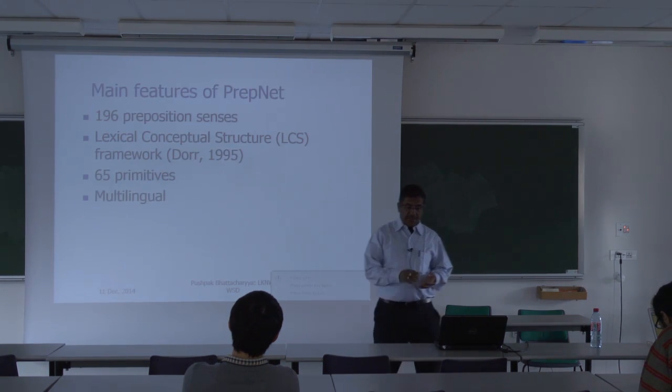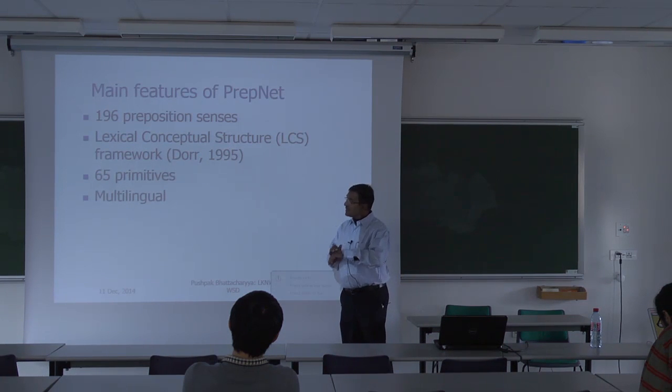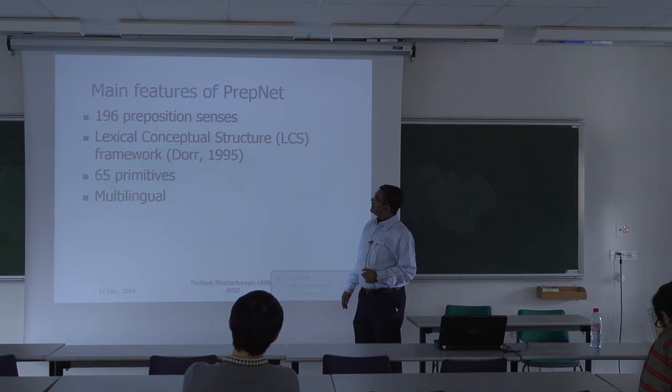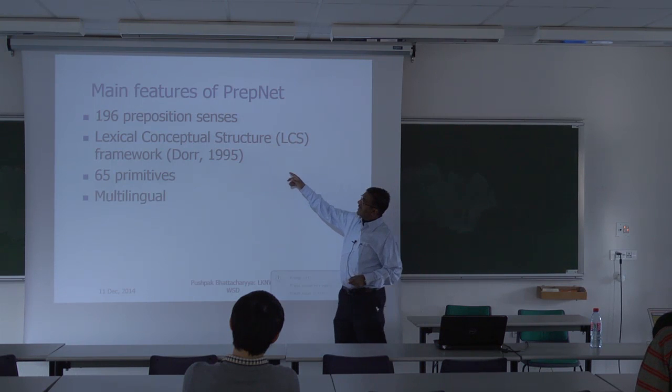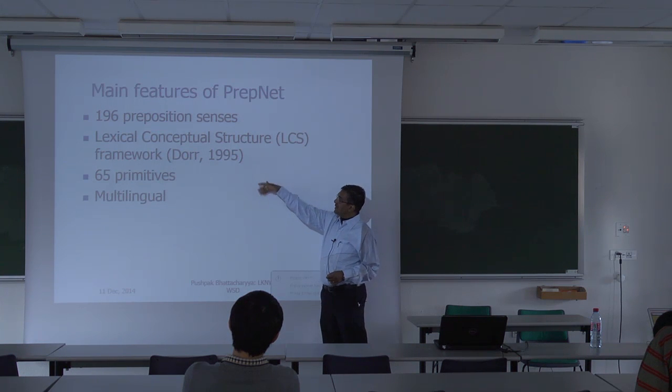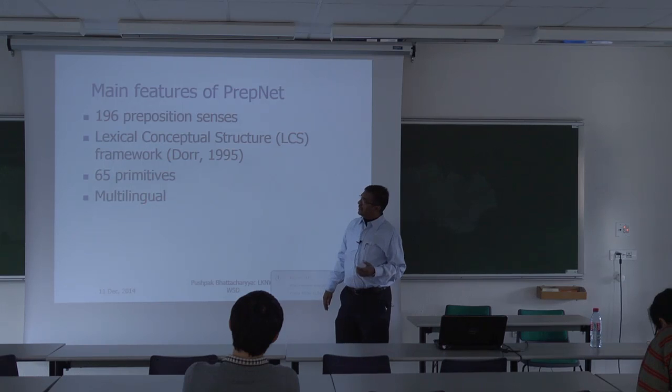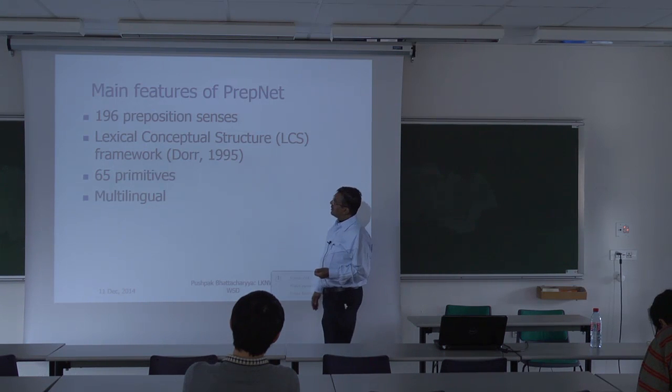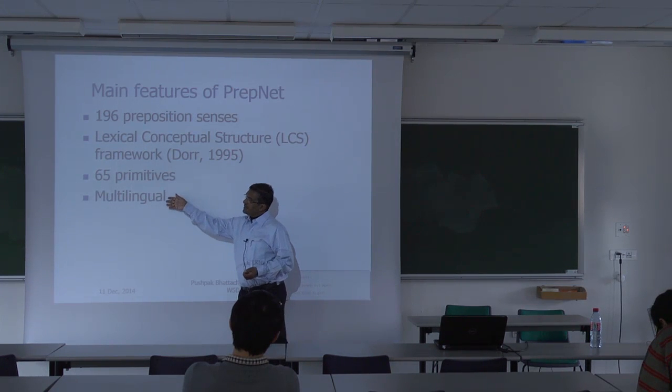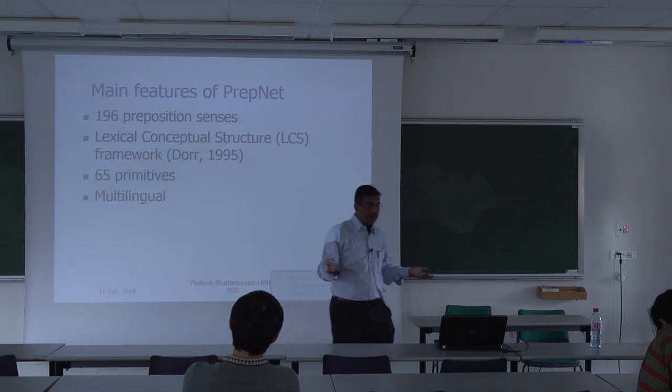So, the main features of PrepNet are: there are 196 preposition senses, and the organization is what is called lexical conceptual structure, a well known knowledge representation scheme due to Bonnie Dorr. There are 65 primitives, and the whole network is multilingual.